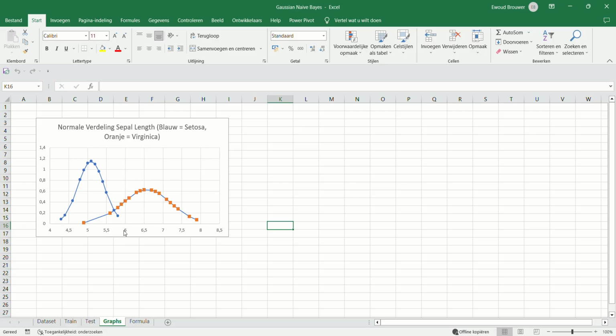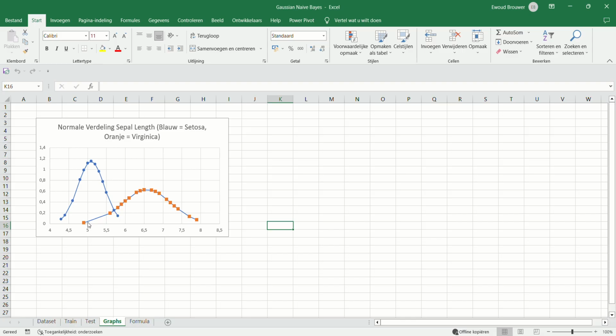For example, when we have 5 as an observation in our test dataset, so sepal length is 5 centimeters, then we will look at this function and at the likelihoods.